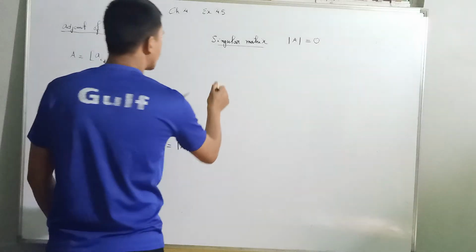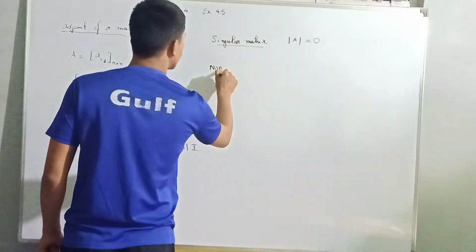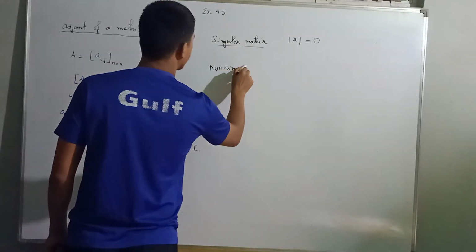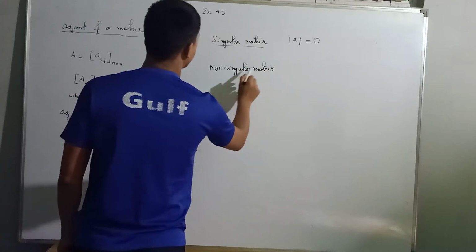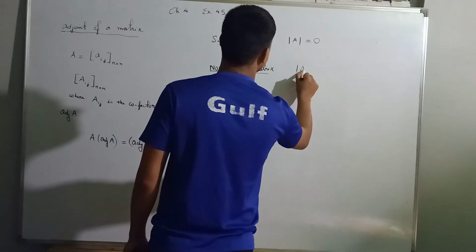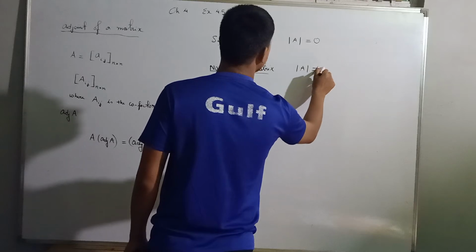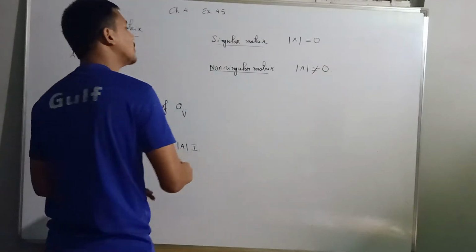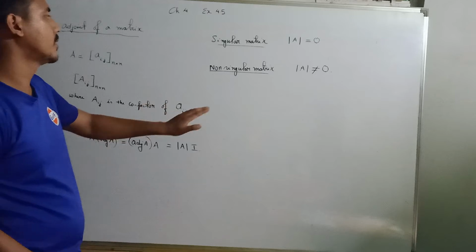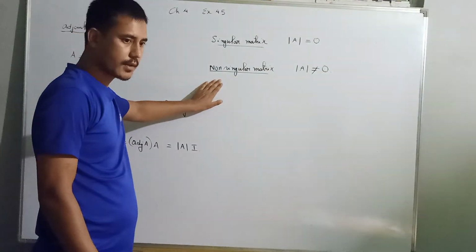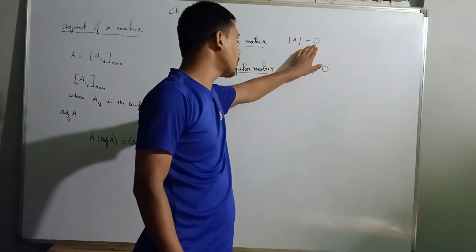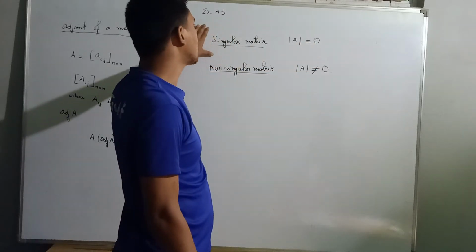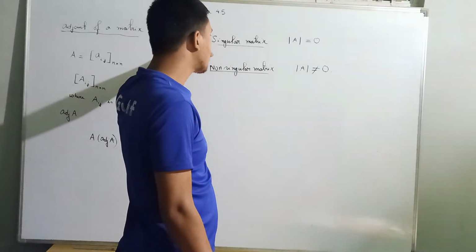But a matrix is said to be non-singular if its determinant is not equal to 0. If the determinant of your matrix is 0, then that matrix is said to be a singular matrix.